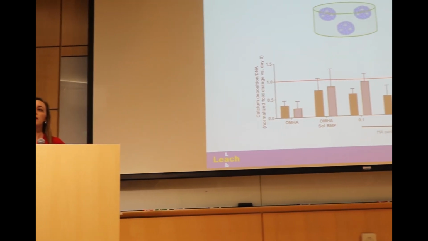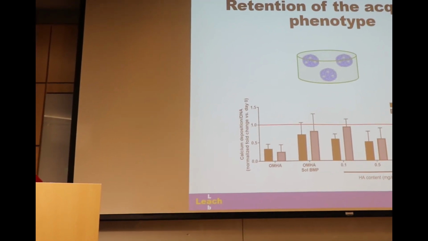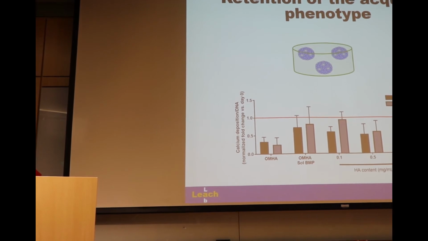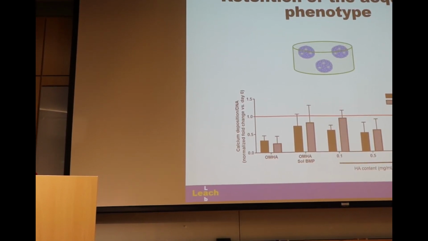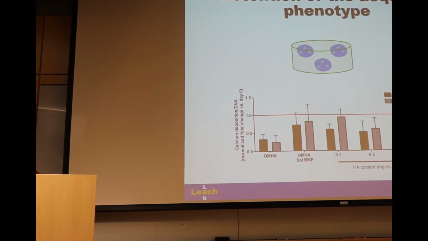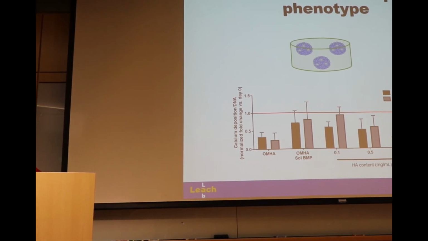Next, moving on to retention, we took a slightly different method in terms of measuring the osteogenic potential. We looked at calcium deposition, which is a late marker for osteogenesis, since we wanted to see if they could maintain their ability to be bone cell-like. The red line denotes how the calcium deposition was expressed on the very first day when we immediately took them out of that osteogenic media. On days 1 and 5, they're now in growth media, and we're looking to see if they revert back to their stem cell-like phenotype.